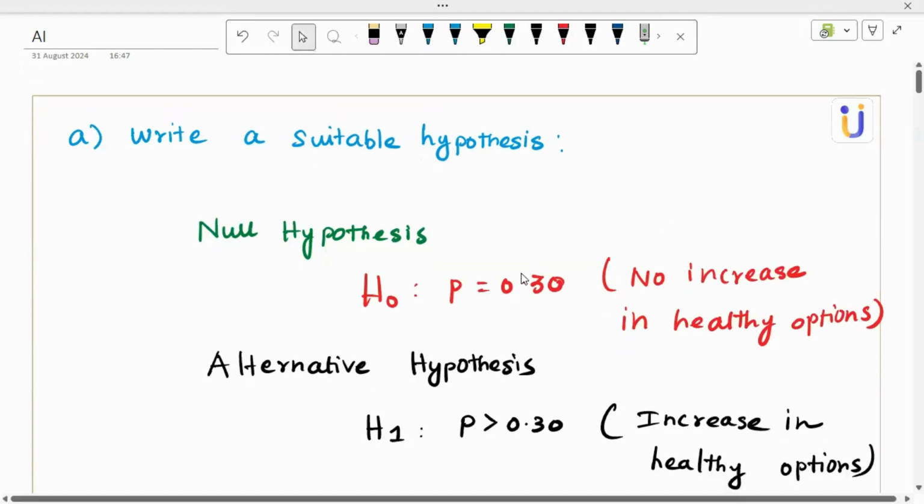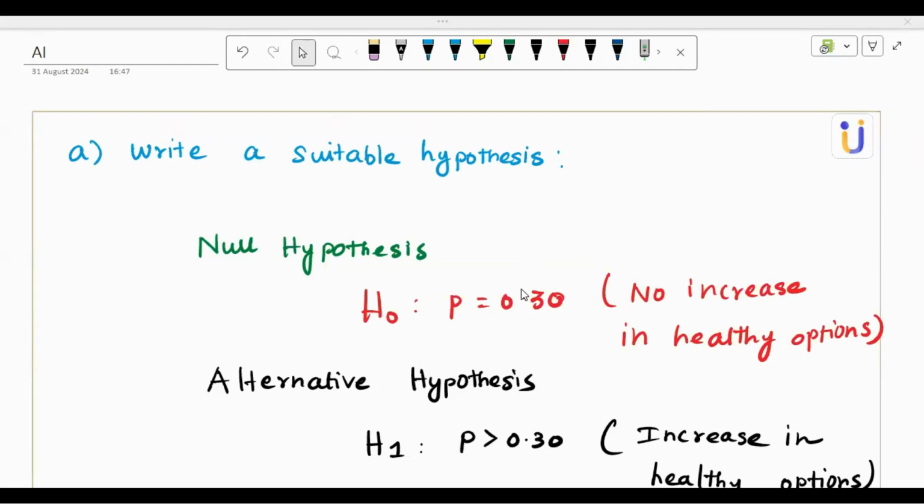Writing a suitable hypothesis. And the next part: the principal decides to take a random sample of 80 students. She will reject the null hypothesis if at least 31 students choose a healthy option. Like previously, the proportion is 30%.